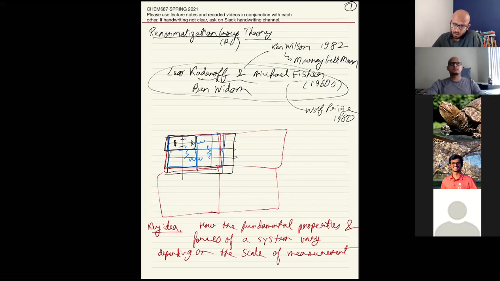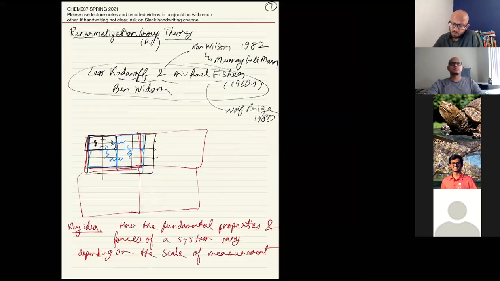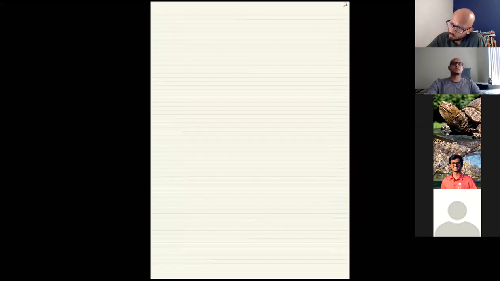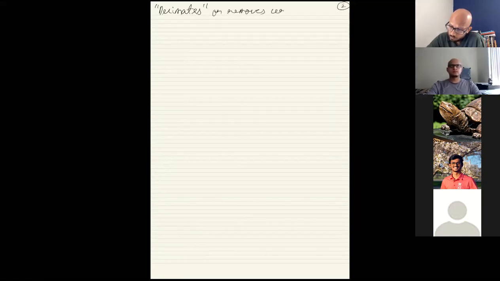And so in order to do this, what renormalization group theory does is it decimates. Decimate means reduce, eliminate, right? It decimates or removes certain degrees of freedom to have a smaller system.